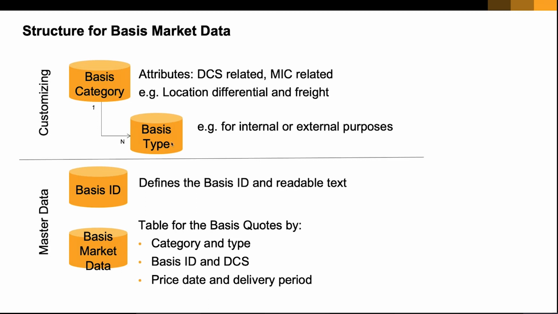This basis type, which is external, goes out in the invoice and on the deals. However, the internal ones can be used for your mark-to-market calculations, and you can have two different prices for each. So using basis type for the same location differential, you can have two prices: for external, I want to add $0.2 per bushel, and for internal, I want to use $0.3 per bushel.